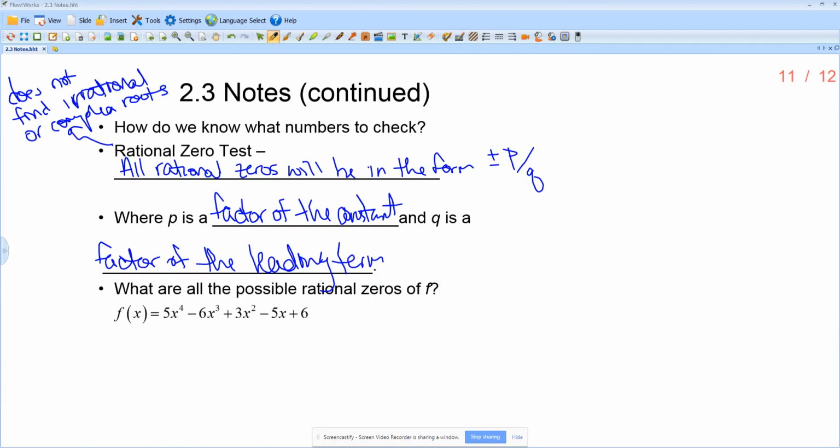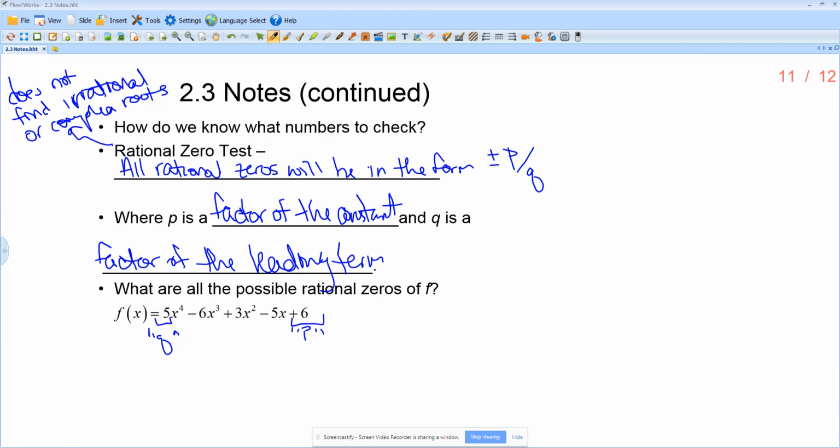So just to give a little example of part of the rational zeros test, what are all the possible rational zeros of f? I'm not actually giving you a division problem, but I'm asking what are the things that we would contemplate dividing out? What are even the possible things that we should deal with? So what we do is we take 6 and 5. 6 is where I get my p from, 5 is where I get my q from.